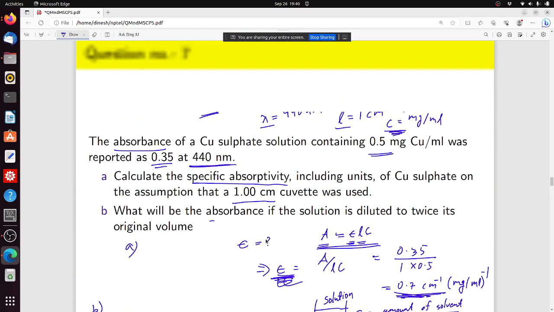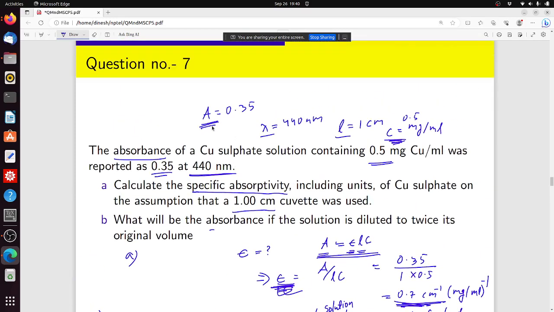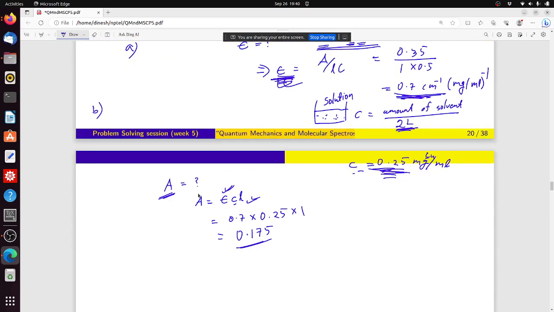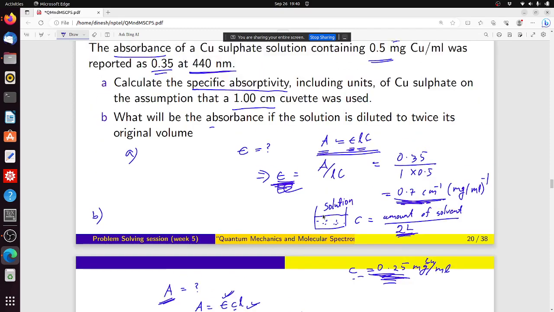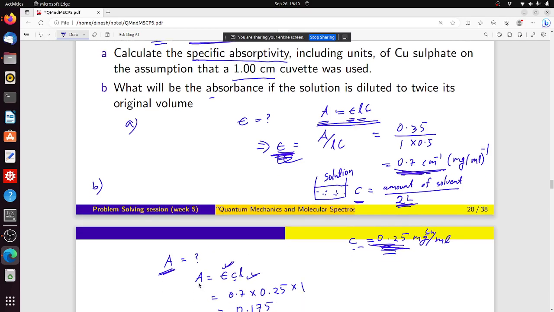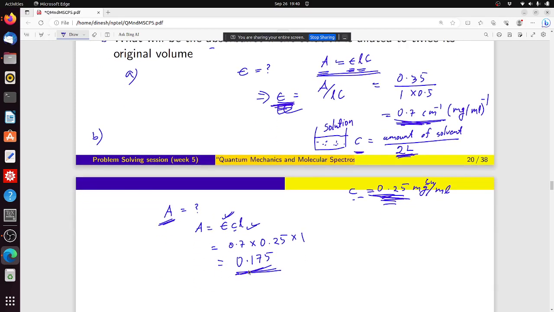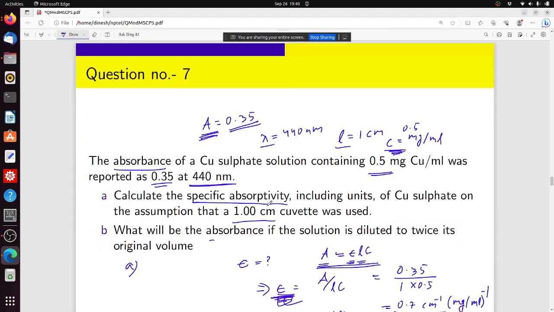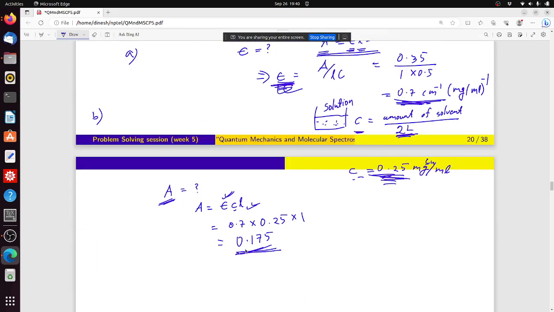So you check this. Initially we had the absorbance 0.35. Now after dilution, what is happening to this absorbance? It's becoming 0.175. So you see, when we diluted the solution twice, then what happens? The absorbance decreases by a factor of half. So initially we had absorbance 0.35, now it became 0.175, almost half, right?